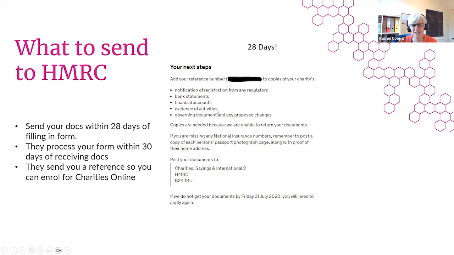I think that's a really interesting one. I think that if you send off your last set of accounts, that's going to have a trustees' annual report, and I think that will have evidence of activities in it. Your governing document and any proposed changes to that.